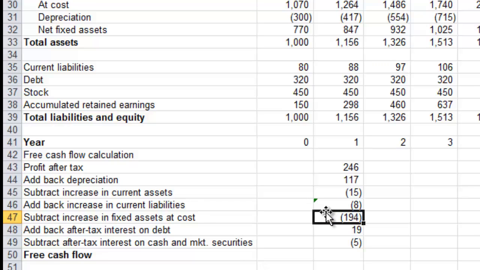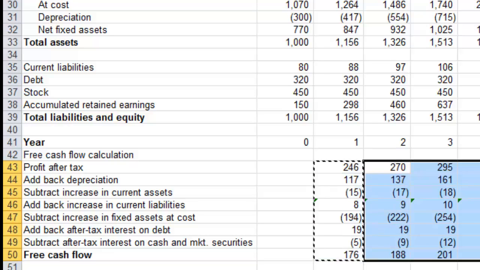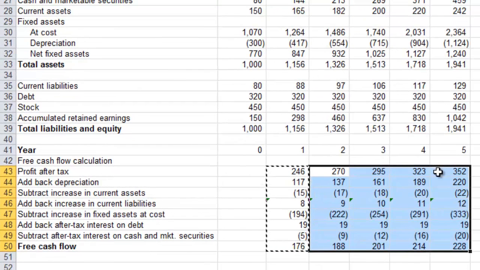When you subtract the increase in current assets, that's negative. But adding back the increase in current liabilities should be a positive number. So make that change, and everything else looks okay there. So the free cash flow then should be 176 for year 1. Copy that out. So that's what you should get for step 2.